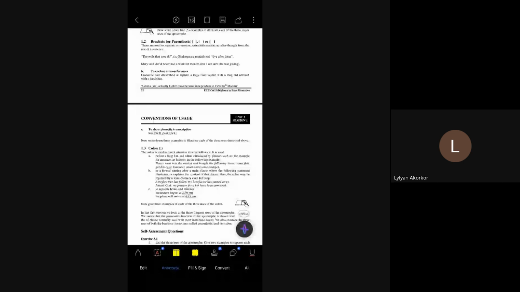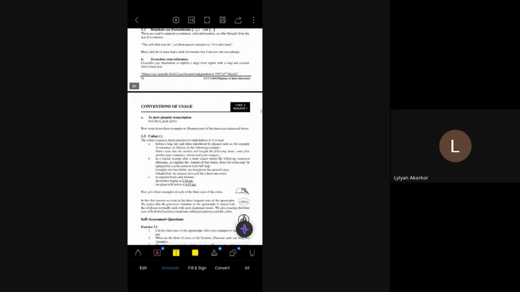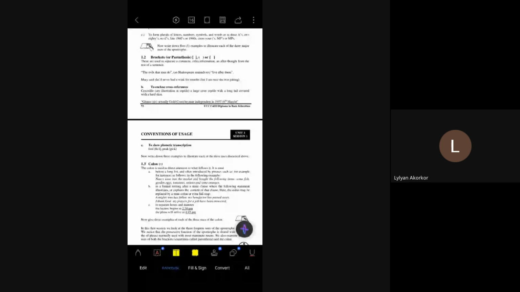So whenever we use brackets, either we are adding extra information or we are separating the comment from it. Brackets then again can be used to do a cross-reference, mostly when you are writing your project work.